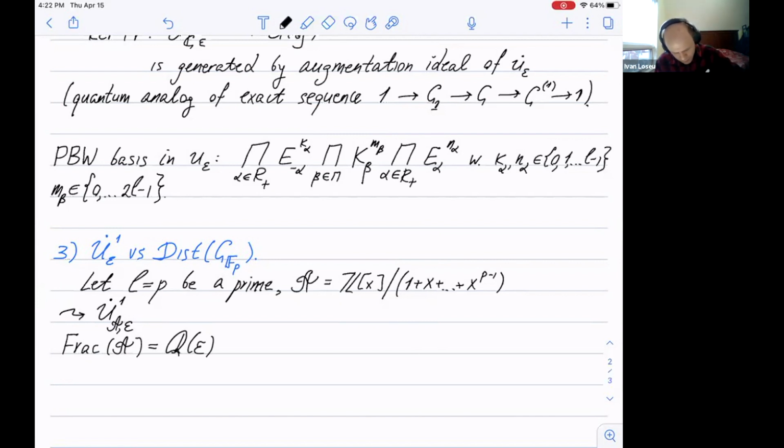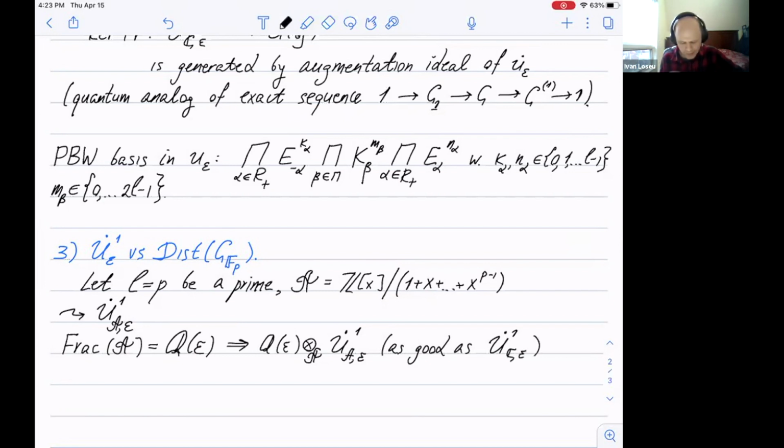And then, of course, when I base change my algebra, what I get is essentially that Lusztig form that I considered in the beginning over a characteristic zero field, which is just as good as the algebra over complex numbers. But a more interesting thing happens when I actually specialize to the interesting maximal ideal.